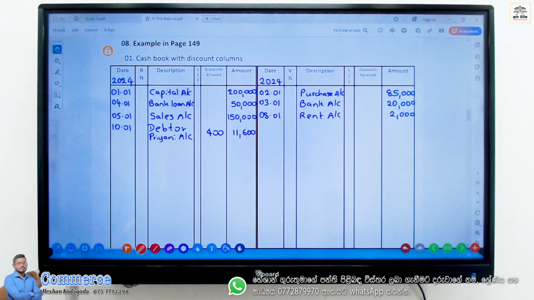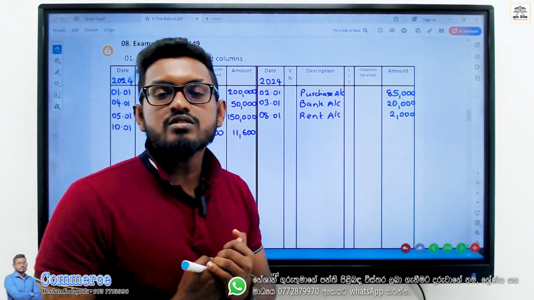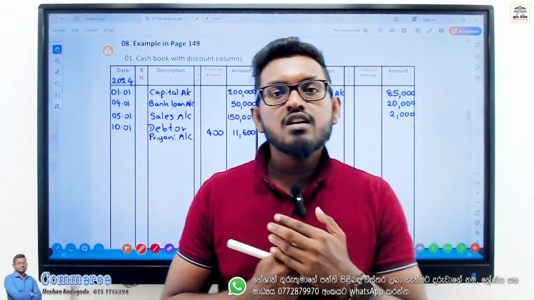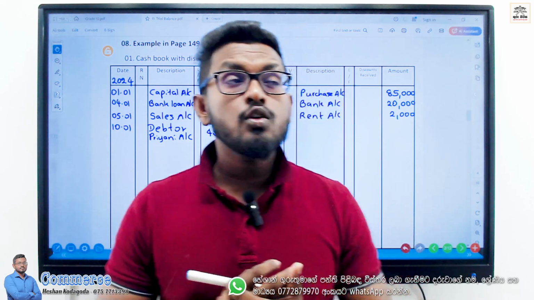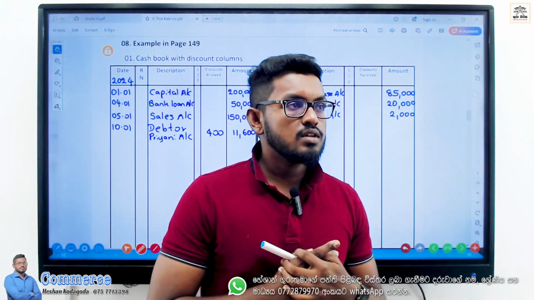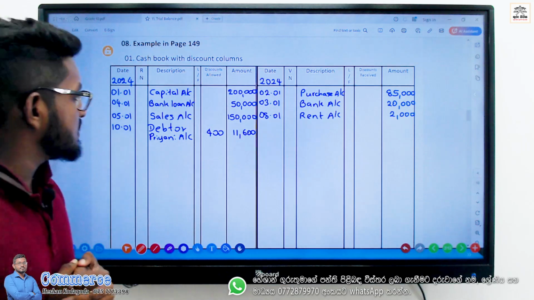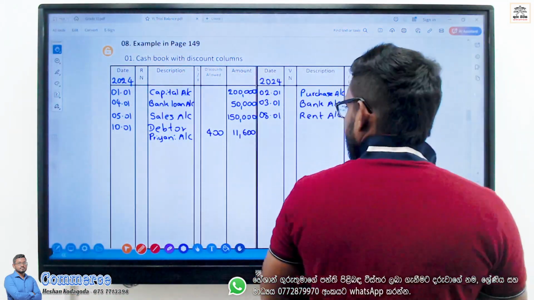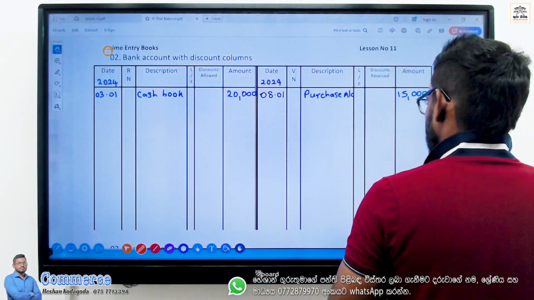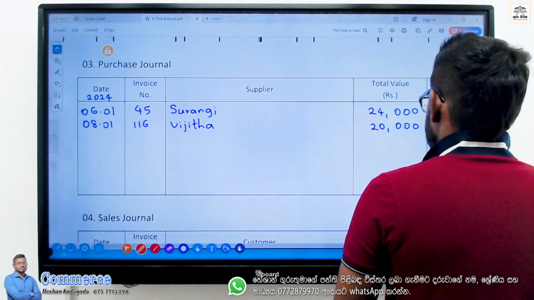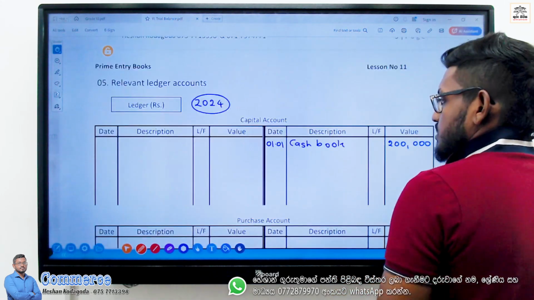Right. Then since the discount columns are not performing the dual function, we record it at the end of the month. Can you remember, guys? Till then we credit the value amount 11,600 to the debtor Priyani account, credit side.